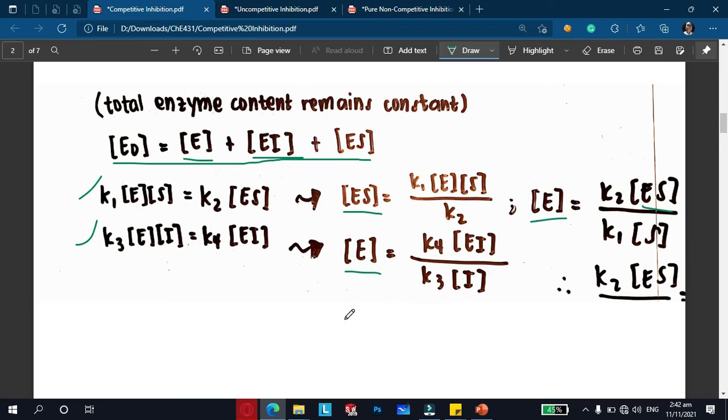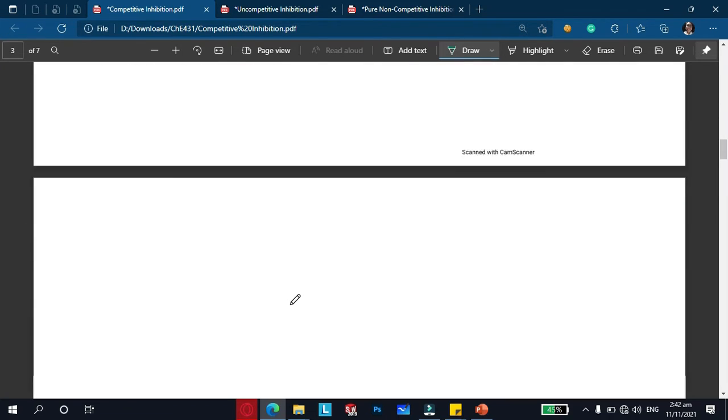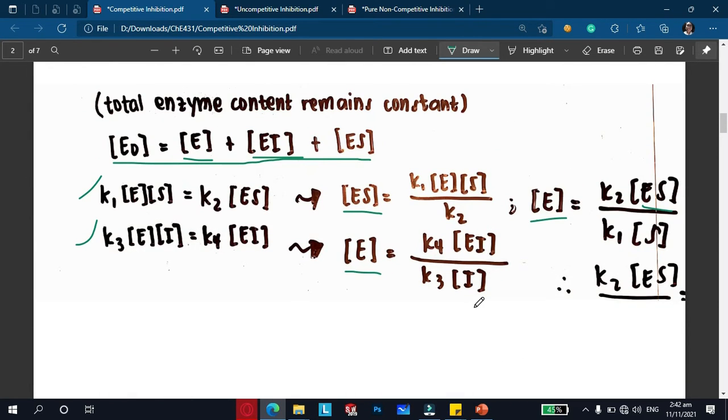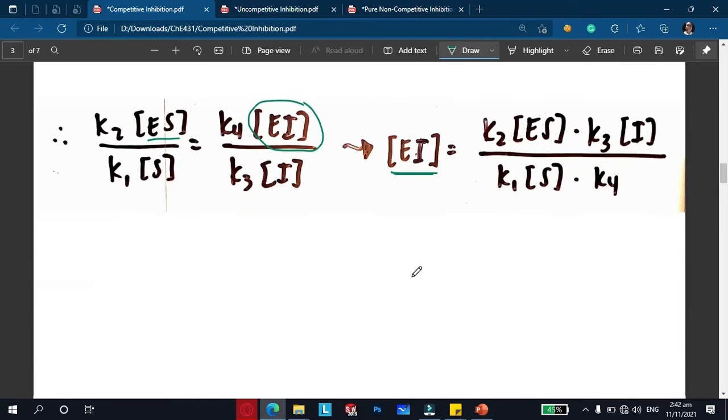So we can deduce that the first and the second would be equal in terms of ES through EI, so that we can get the term for EI. And then the enzyme concentration we're going to use would be the one in terms of ES, so the first one. Okay, so far so good.